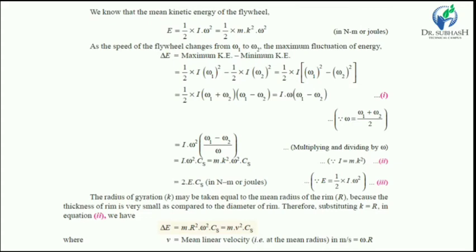Now as the speed of the flywheel changes from omega 1 to omega 2, delta E is the maximum fluctuation of energy. So it is the maximum kinetic energy minus the minimum kinetic energy.